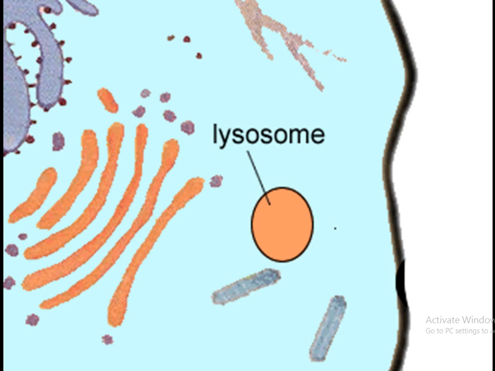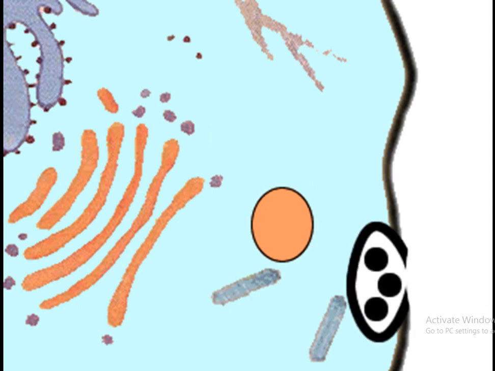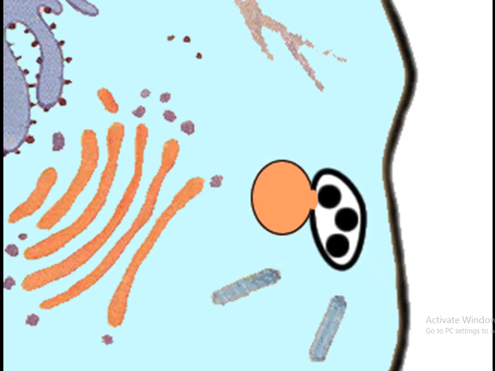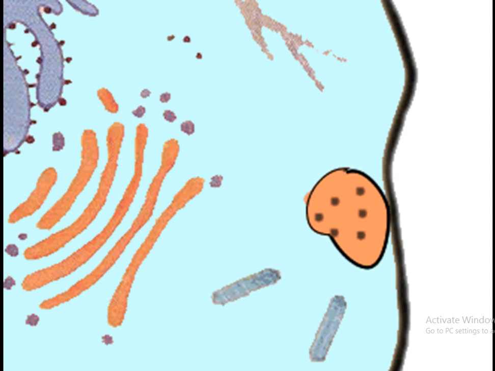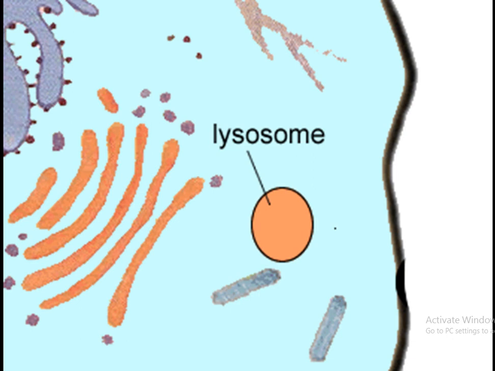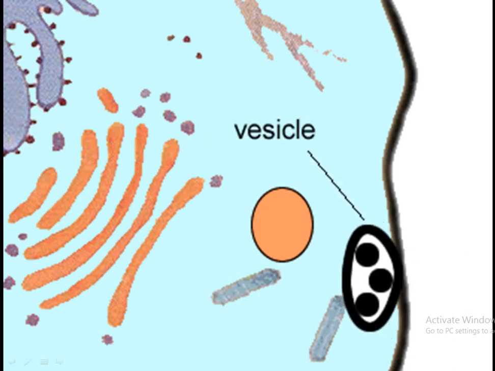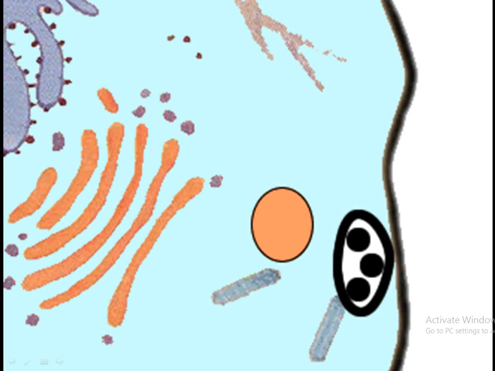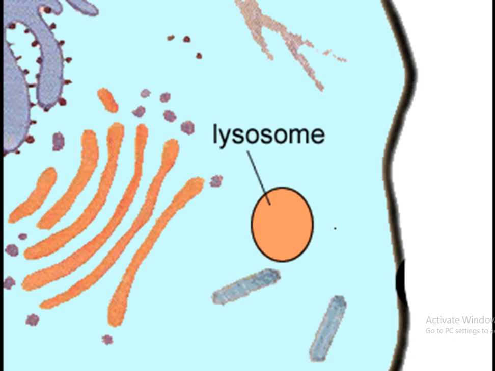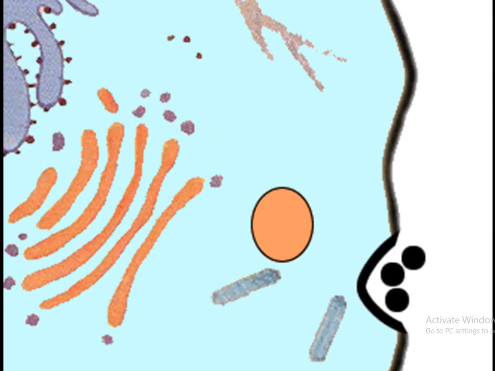Again, through this animation, I want to show you how the lysosome acts on the food vesicle. You can see the substance that comes in contact with the lysosome. Lysosomal enzymes act on this food vesicle, digest it, and in the end, the waste material goes outside the cell through the exocytosis process.